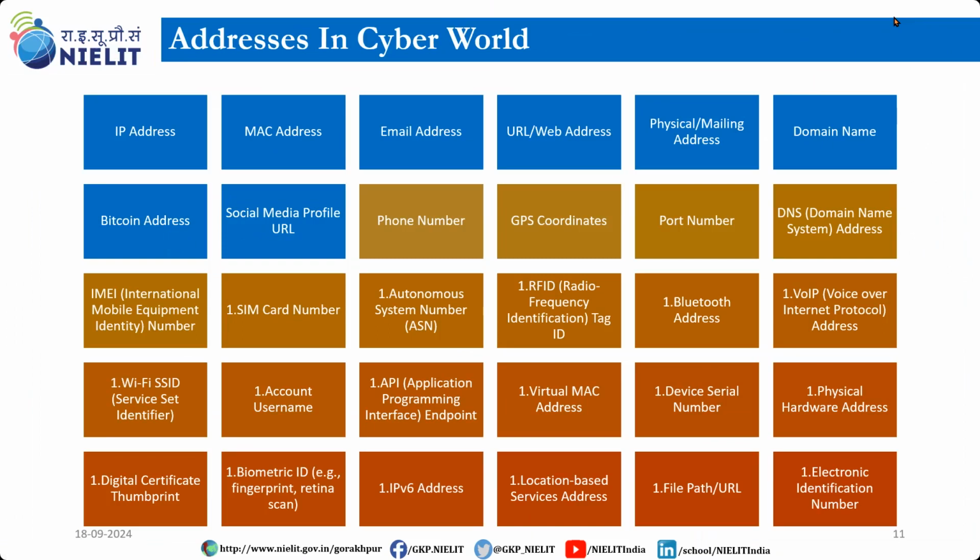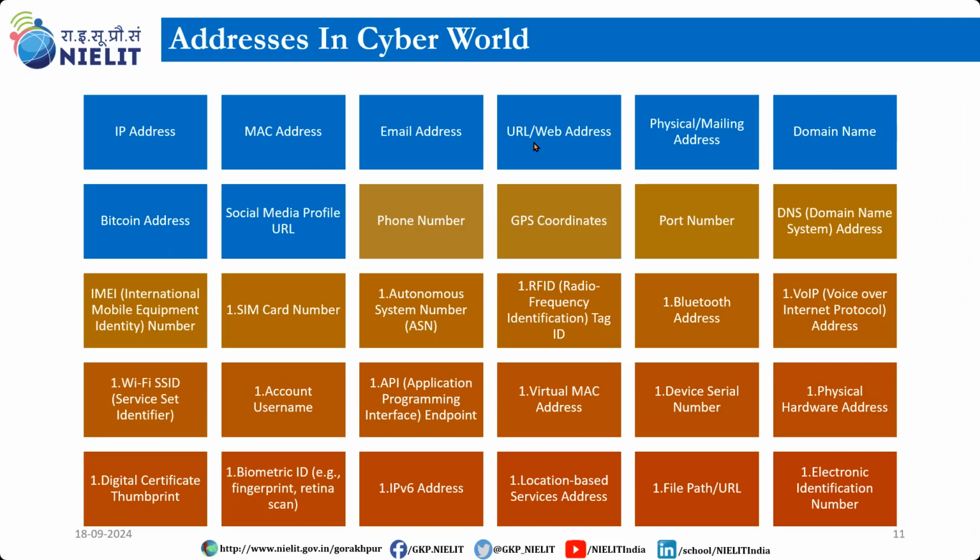It is very common that in the cyber world, there can be different types of address parameters associated with the node, like IP address, internet protocol address, MAC address, media access control address, email address. A particular user can be identified with the help of a specific email address.